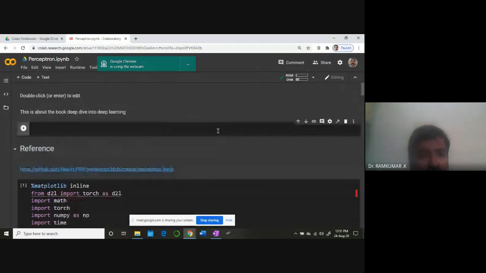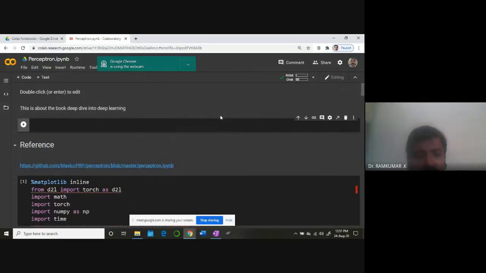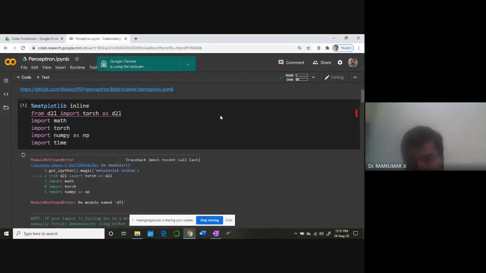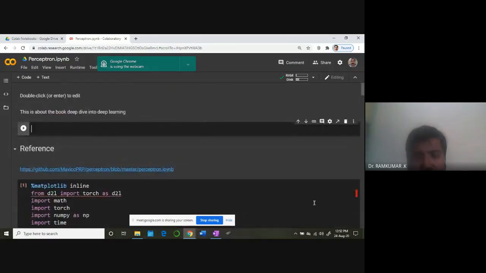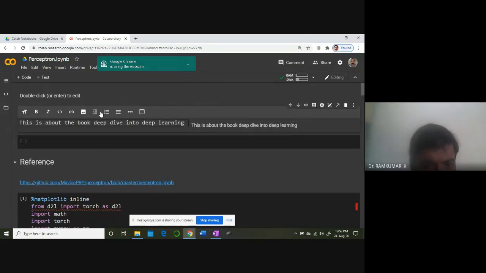So when you are doing your project, for example, in Google Colab, at the end of the day, when you are completing the work, the entire Jupyter notebook itself should have all the relevant information and details. You can type equations here, you can do anything. There is a provision to write equations using equation editors.